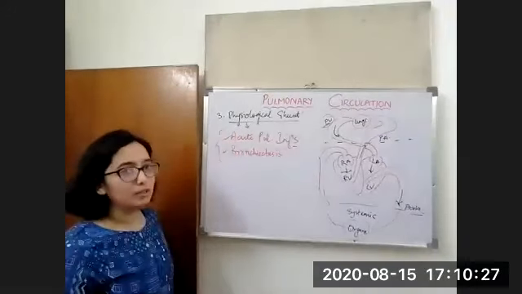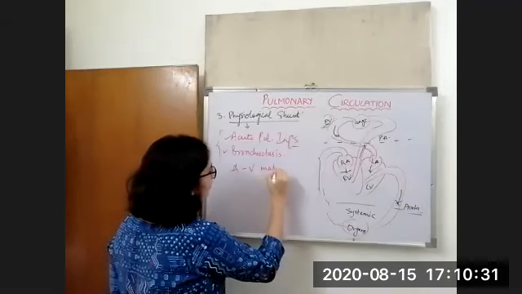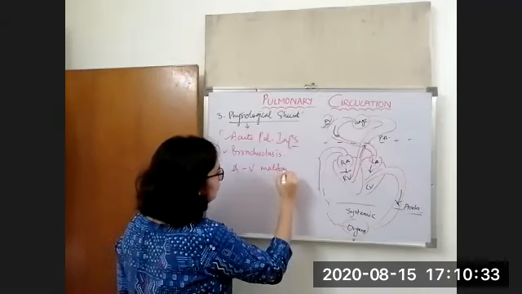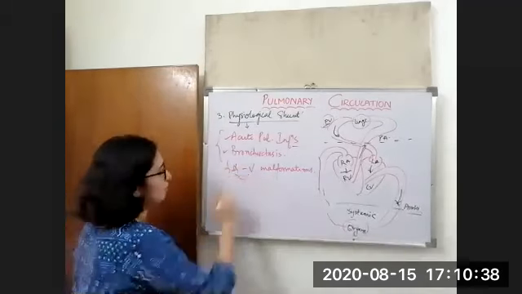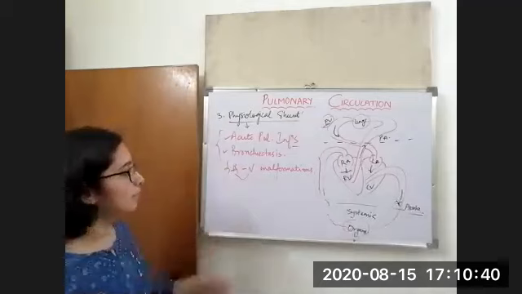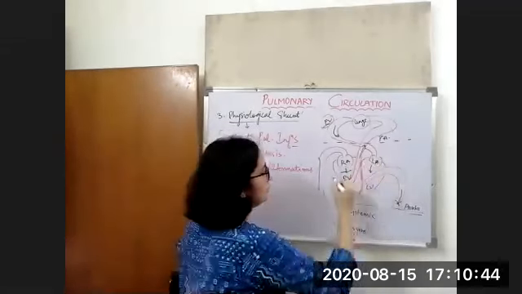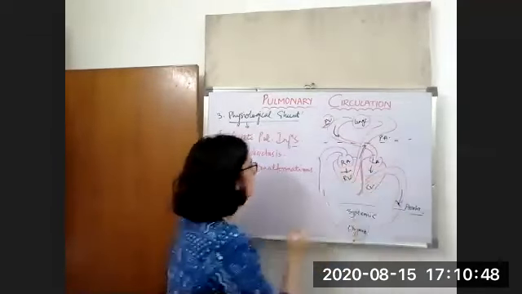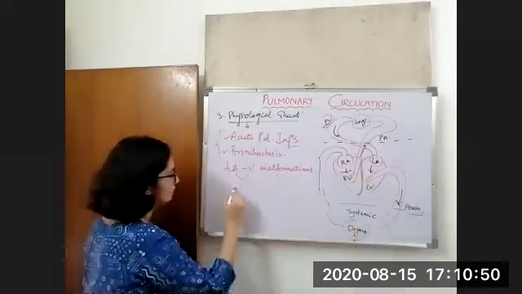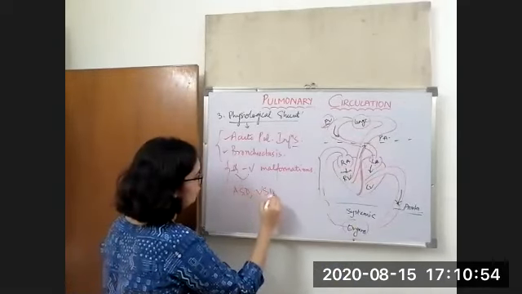Now related to the heart, there is AV malformation, arteriovenous malformation. This is related to the septa which is present between the two sides of the heart. These are of a few types, mainly atrial septal defect and ventricular septal defect.